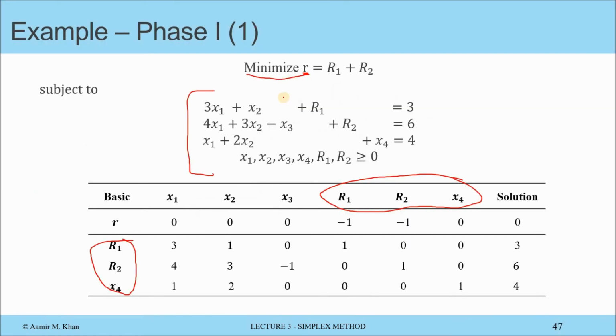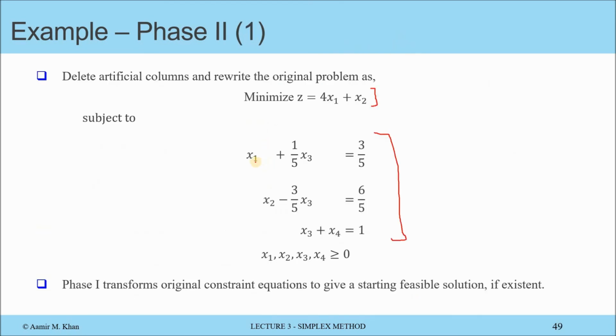This one over here was 3x1 plus x2. We added this r1. Similarly, there was a surplus variable over here, and we added this surplus, and then we added artificial r2. So we had 3 equations. Now check these equations: they are totally changed. Now we have x1 and x3, then x2 and x3, and x3 and x4.